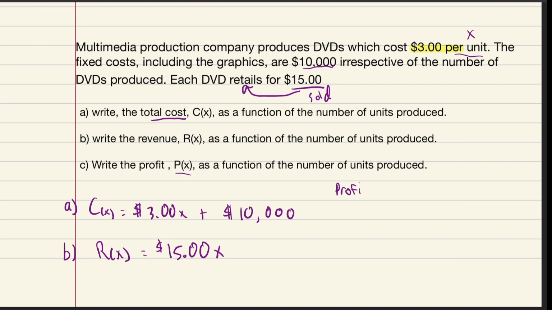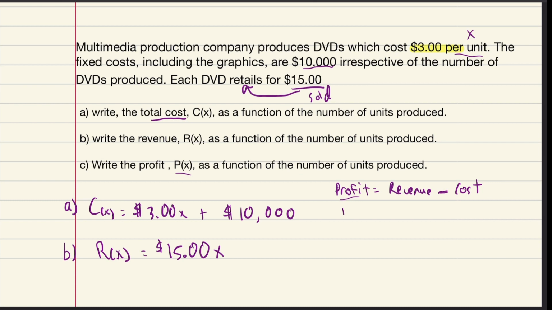Now the profit. Profit is always going to be revenue minus cost. Right? So revenue is how much money can be made, and then cost is how much it costs to make the product.